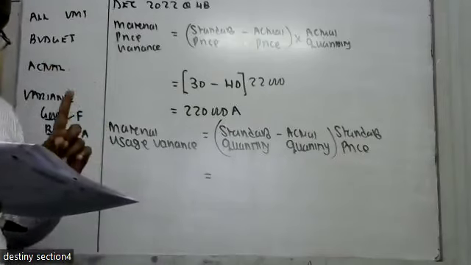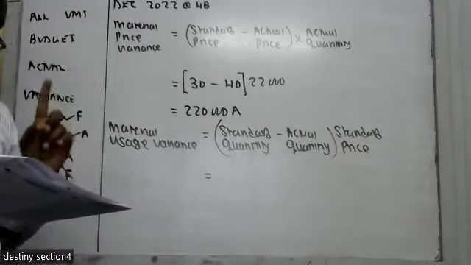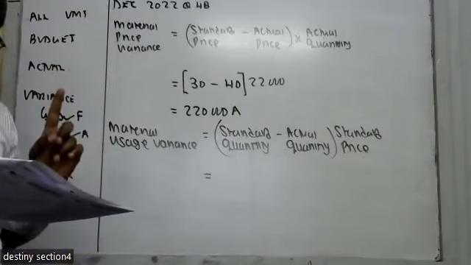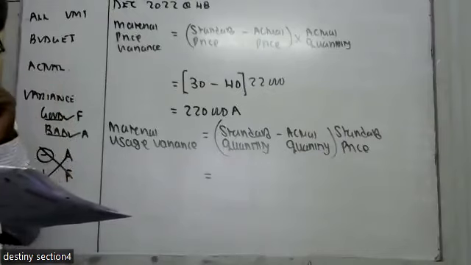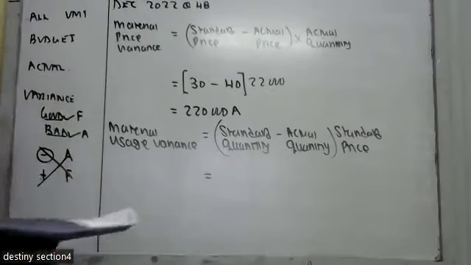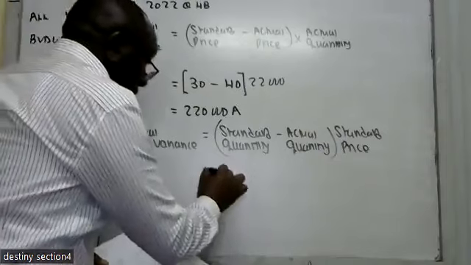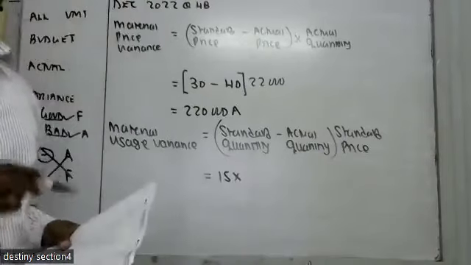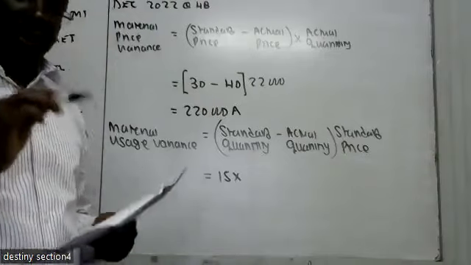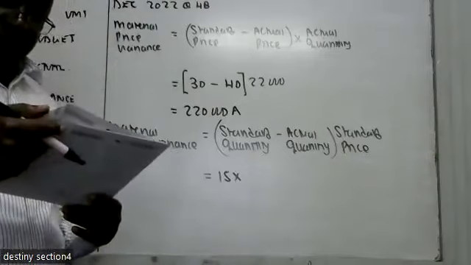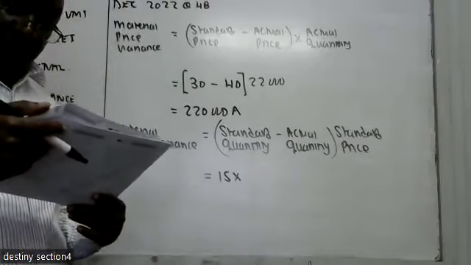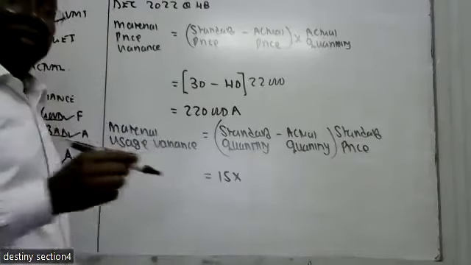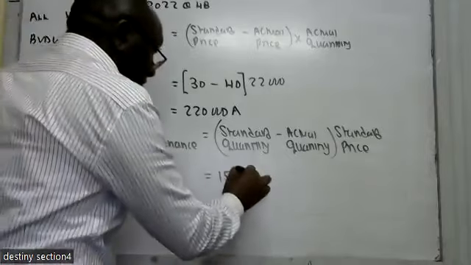And now my question is, looking at material, we were supposed to use how many square meters for 1 unit? 15. Yes. We say we should have used 15. Now you multiply by how many units did we actually produce? So you go to the actual results. You find actual production was 1,400.